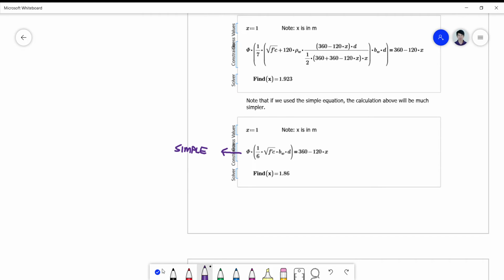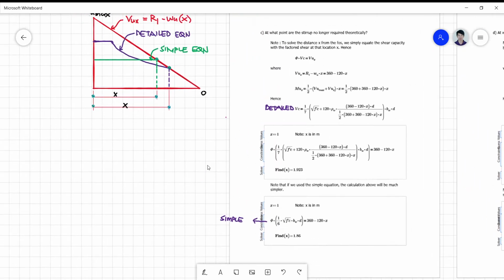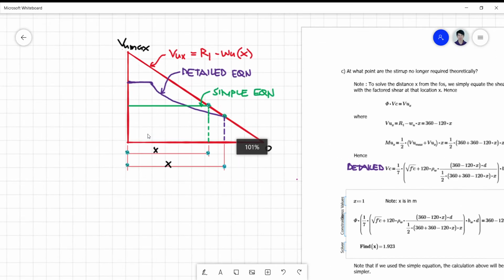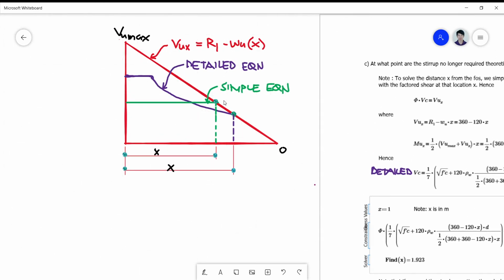We will now be solving the possibility of the point of intersection using both the detailed and the simple equation, based on the reference equation, which is the factored shear equation here.